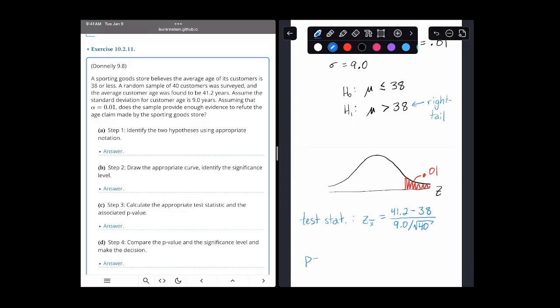For the p-value, we want the area to the right of that test statistic, since we're doing a right tail test. Since it's an area to the right, we'll do 1 minus norm.s.dist of whatever our test statistic is once we have that in Excel, and true. So let's switch to Excel and see how to do this.